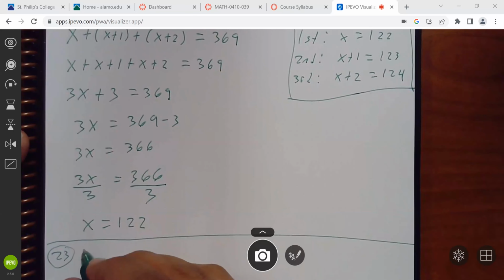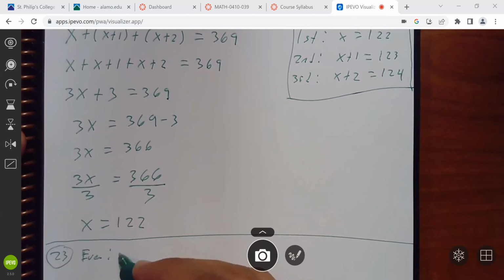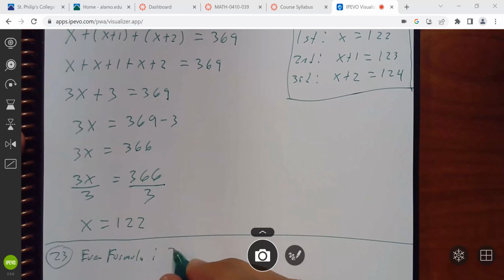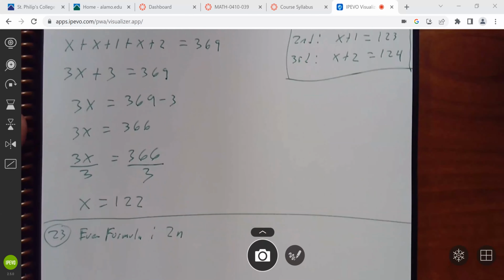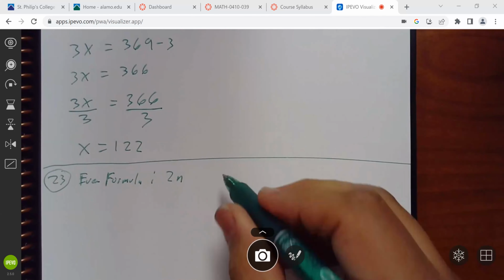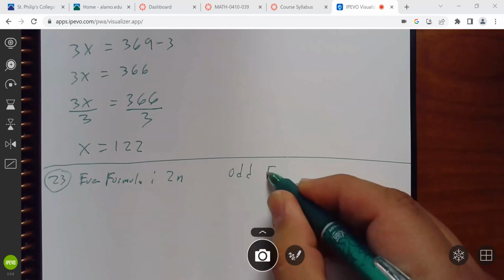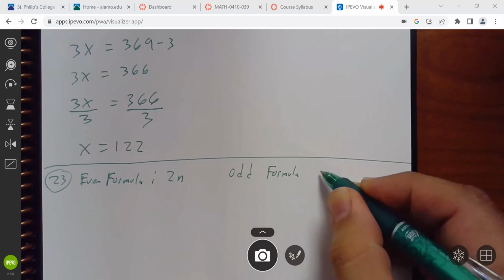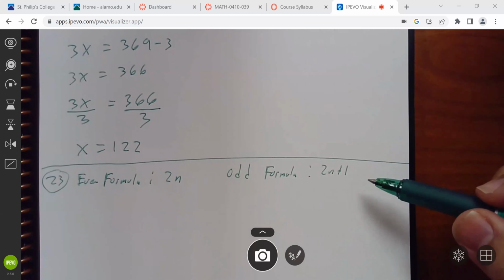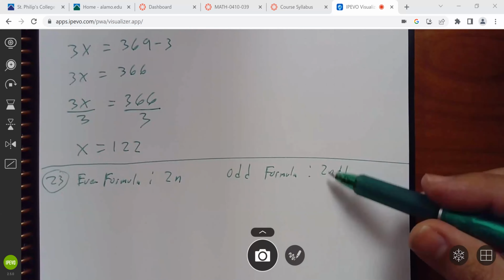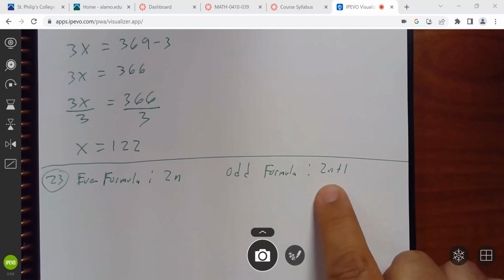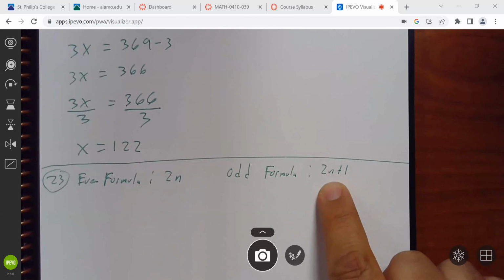So even, I'm just going to do the even formula, is 2n. Odd formula is 2n plus 1. If I choose any integer, this would make it odd. So this is guaranteed to be odd. I don't know what n is.